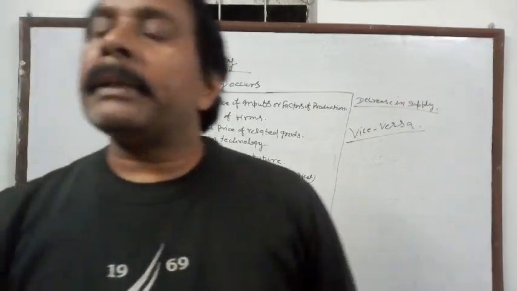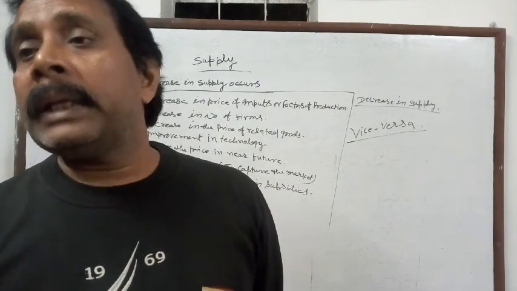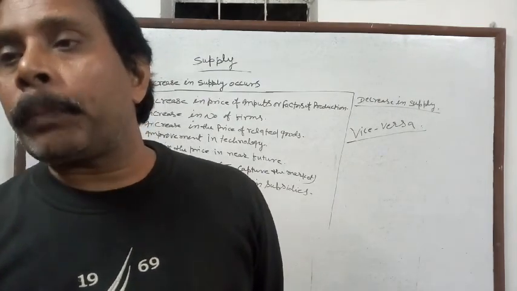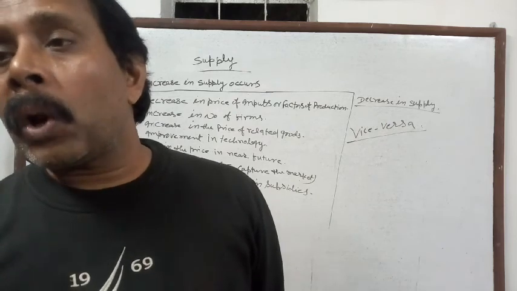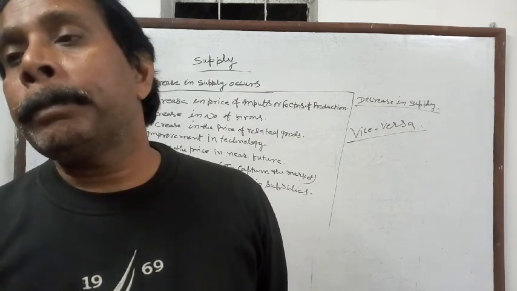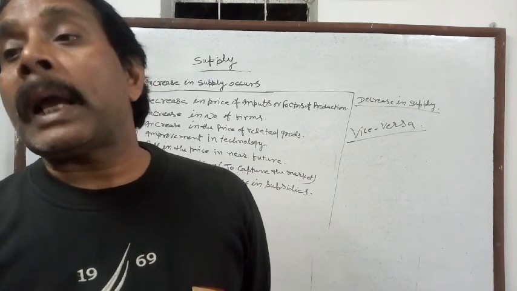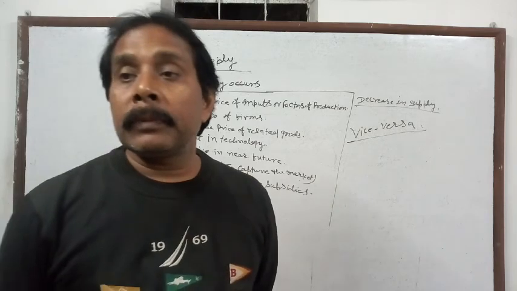So here we can say that increase in the price of other goods, increase in the price of factors of production, goal of profit maximization, decrease in number of firms, expectation of a rise in the price in future, poor technology.